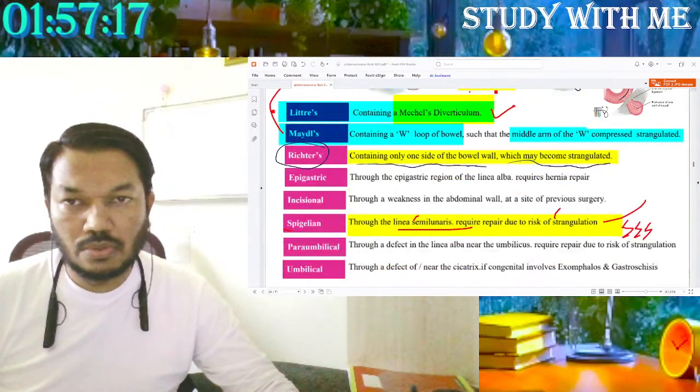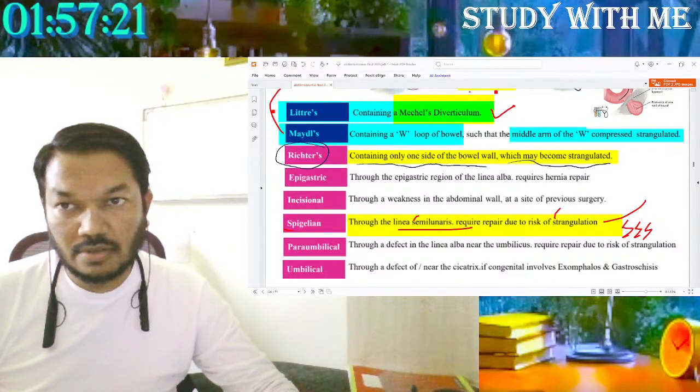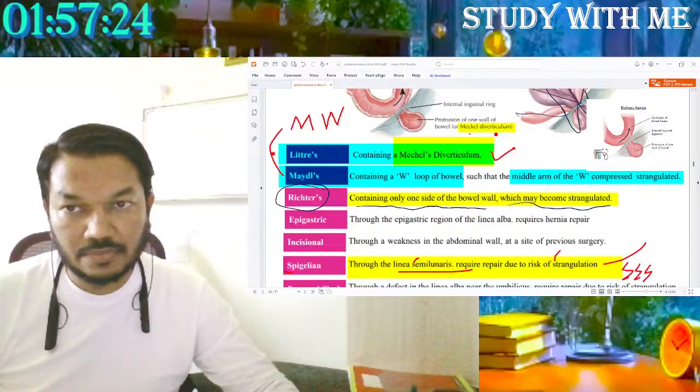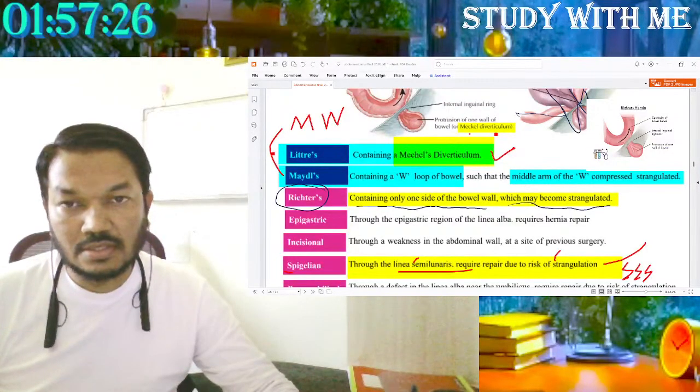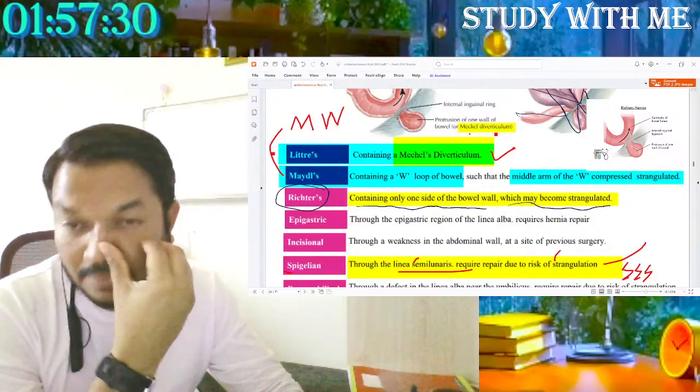Here, no need to go through everything. Just Meckel's diverticulum, a specific type of hernia. If it is Meckel's diverticulum, then it will be called Littre's hernia.